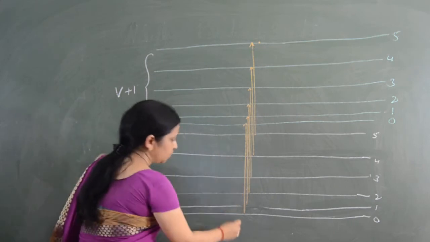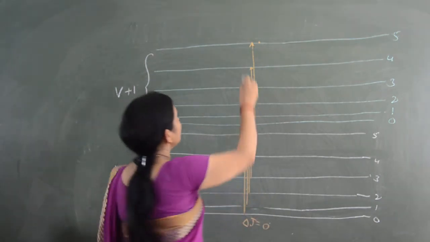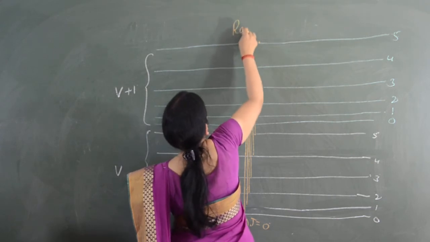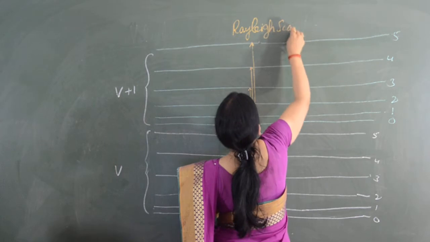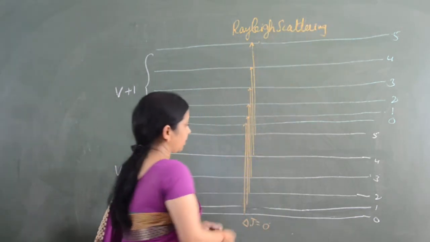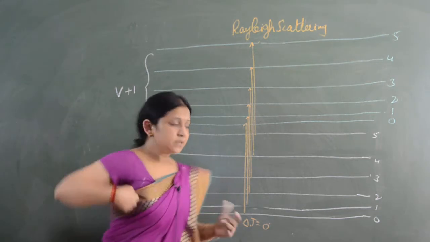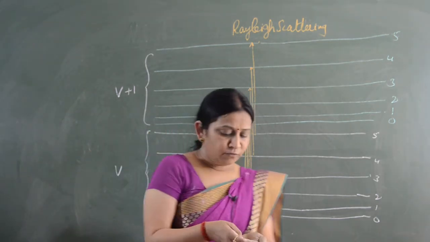This corresponds to delta J equal to 0 and it is Rayleigh scattering. One thing you have to remember is these lines should be close by, not far from each other.